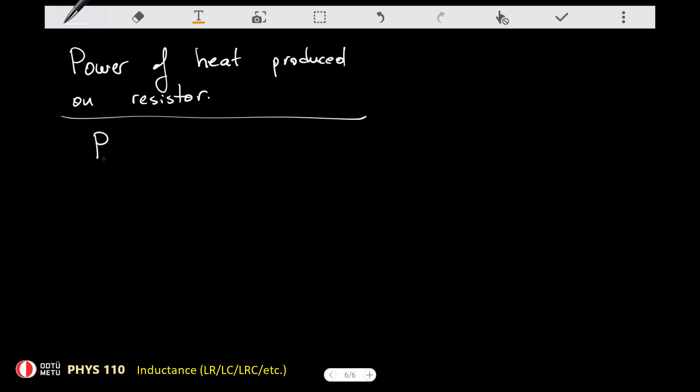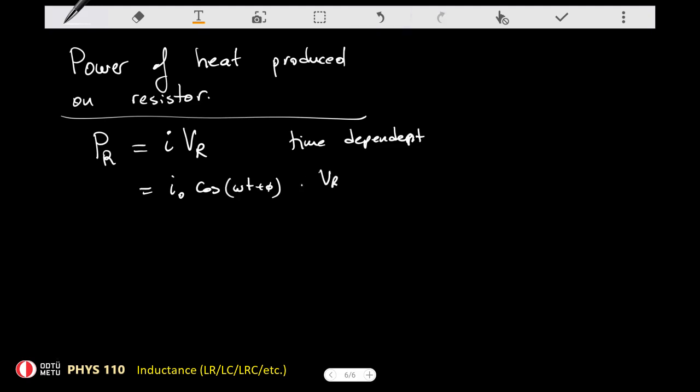So that power, I'm going to call it PR, is simply given as the current multiplied with the potential drop. That's always the case. That's the amount of energy that goes into a device. But now this is time dependent because both the current and the potential drop are time dependent. So this is like I0 cosine omega t, sorry about that, multiplied with VR0 cosine omega t.